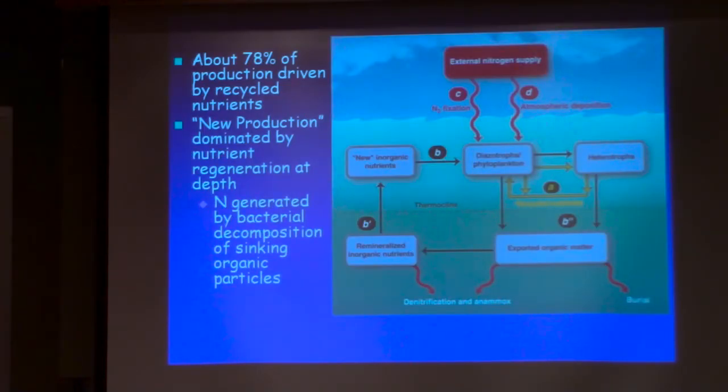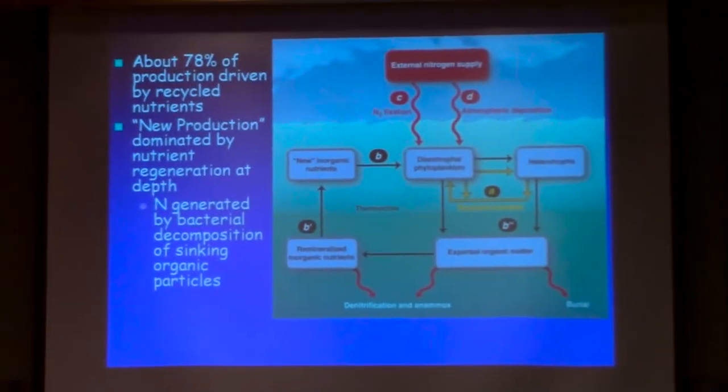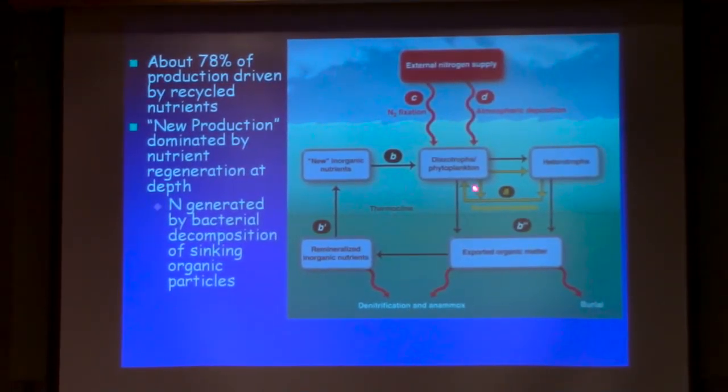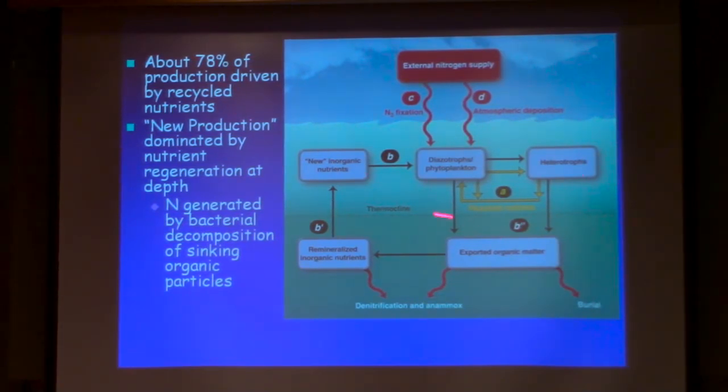Okay, so if we think about it in sort of box model space, most of the recycling occurs above the thermocline. Up to about 80% is recycled here. Some of that organic matter is exported, and there's continued recycling.